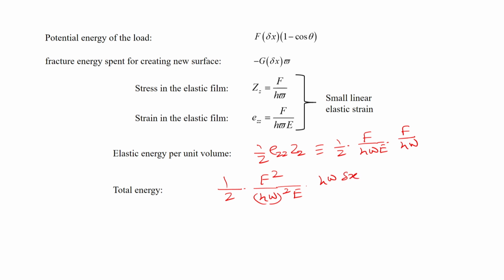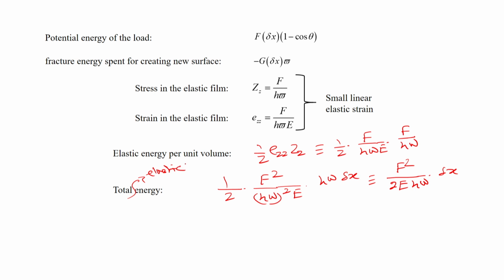So, you have to multiply by delta x here, right. Therefore, the energy stored in this adhesive will be F squared by 2 E H W into delta x. This is the elastic energy.